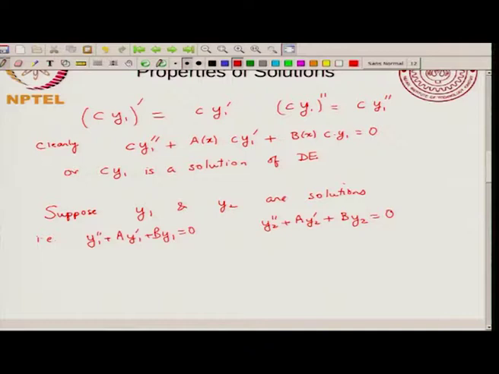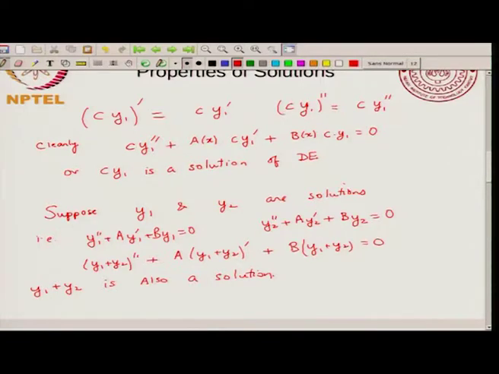So, you have both these conditions. Now you can see that if I just add them, then I will get y1 plus y2 double prime plus a times y1 plus y2 prime plus b times y1 plus y2 equal to 0, or in other words y1 plus y2 is also a solution.